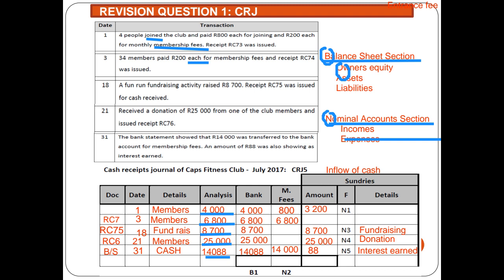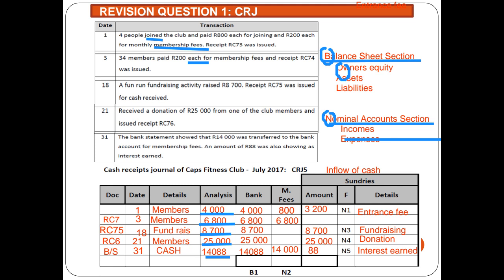I have the bank total ready. You got the bank? Bank is 58,588. Thank you so much.